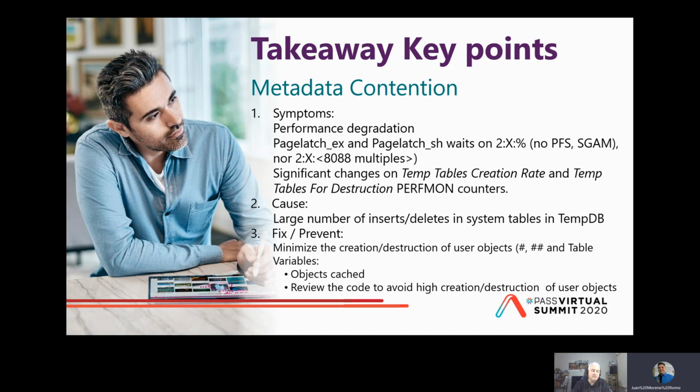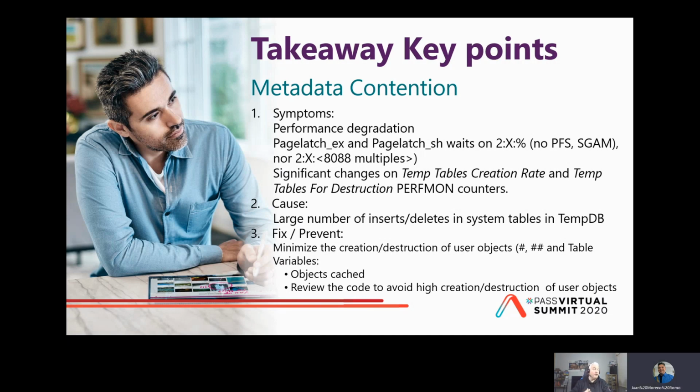One more thing that you need to do is to review your code. If you have objects cached, but you continue seeing metadata contention, review the code. Maybe you are creating or destroying the objects inside a loop instead of outside the loop, and this could have a very big impact on the use of the system objects.